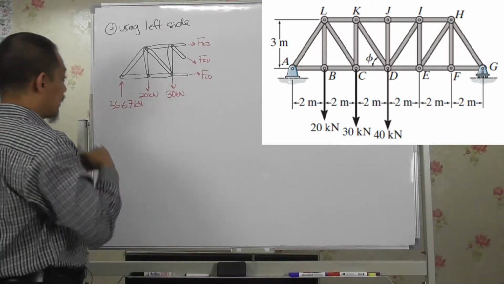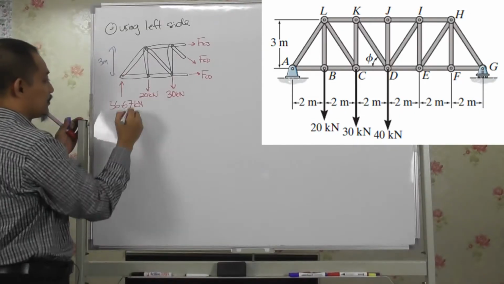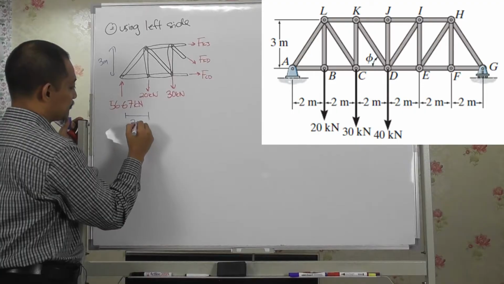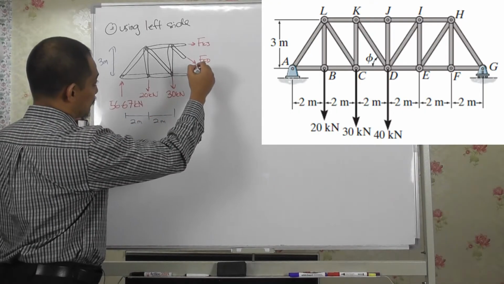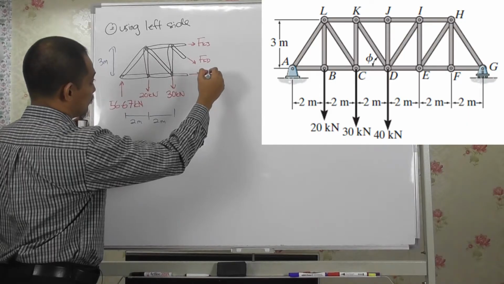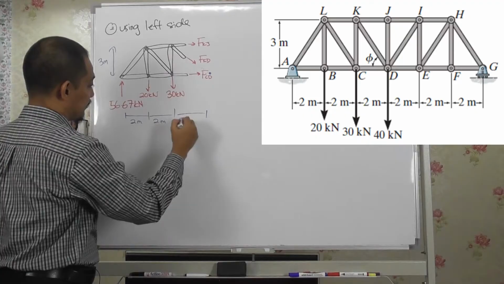Okay, so the height is 3 meter, this is 2 meter, this is 2 meter. If you dot until this point, this is 2 meter, right?